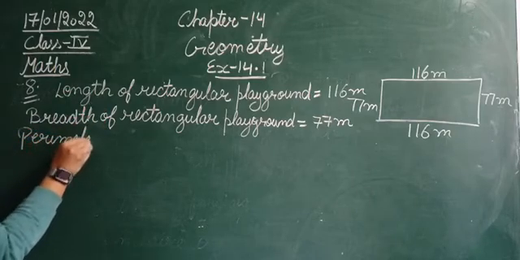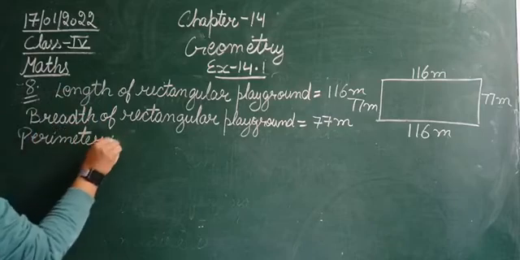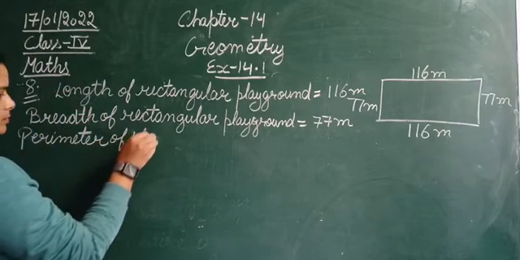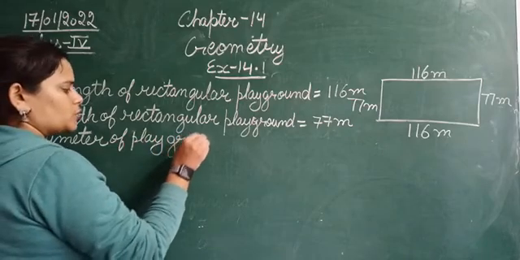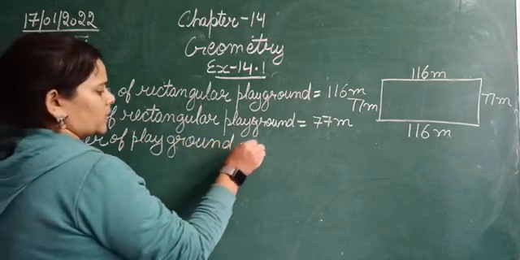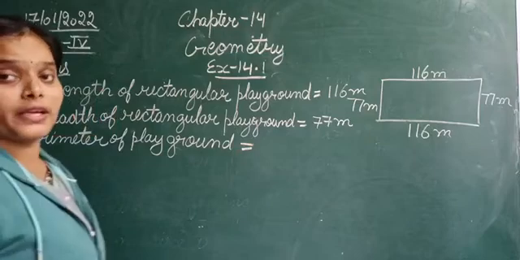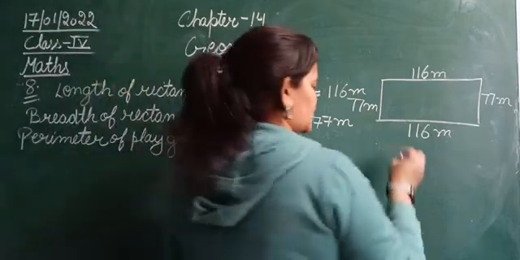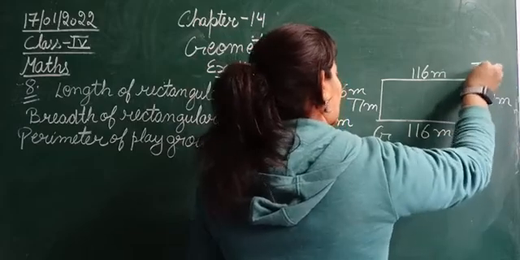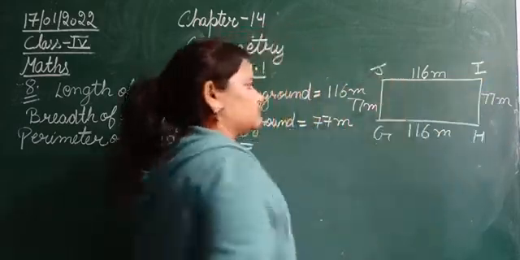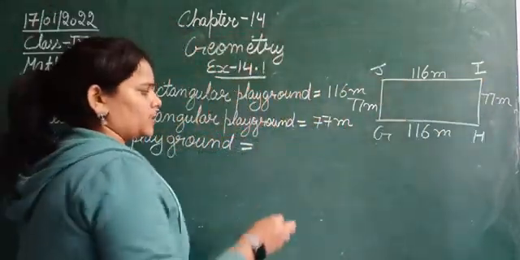Perimeter of playground. So first of all, we need to give a name to this rectangular playground. So you can name it as GHIJ. Okay, so let's add them.